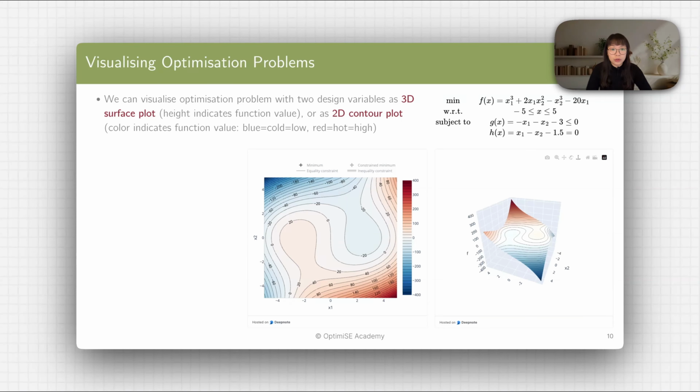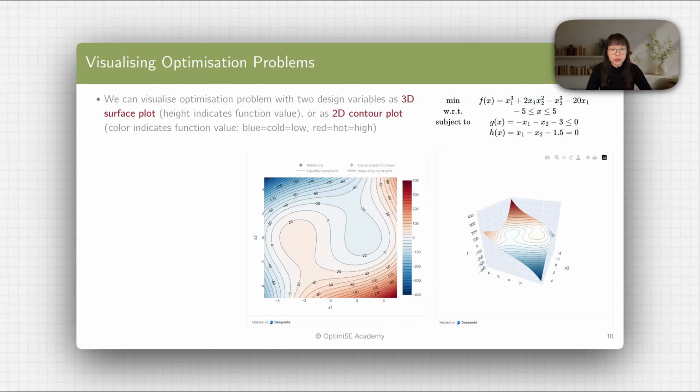Now, in a contour plot, we have different colors that represent different values of the objective function. The color scale that I've chosen in here is the RdBu reversed scale, so red and blue. It's very intuitive, where blue means cold, meaning low value, and red means hot, meaning high value.